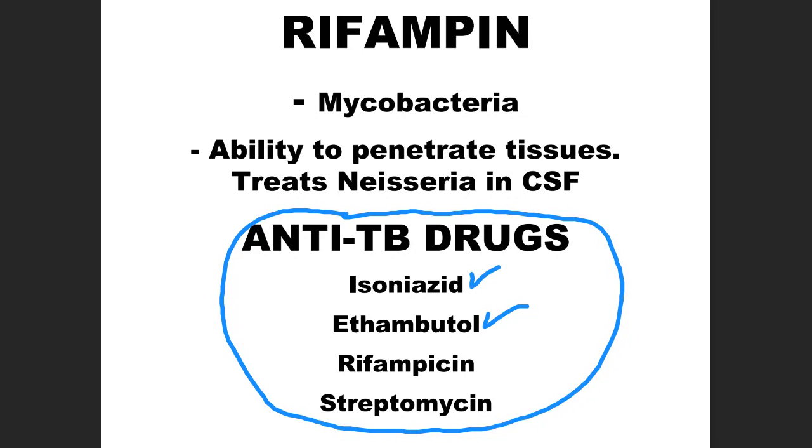Now, does anybody remember? I know it was just last time that we met, but does anybody remember what the target of isoniazid and ethambutol is? Why would you want to give that? Okay, so yes, isoniazid and ethambutol, their targets are the mycolic acids.